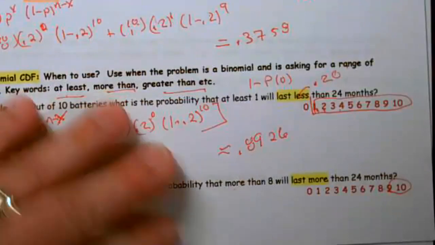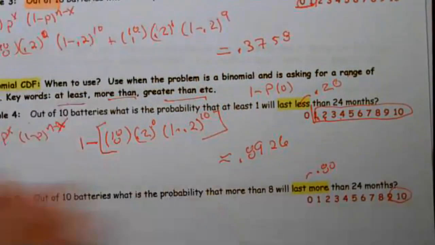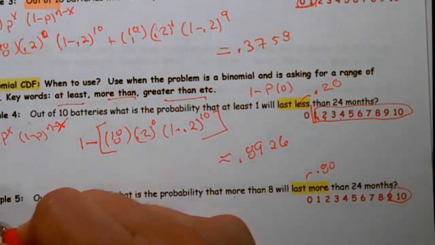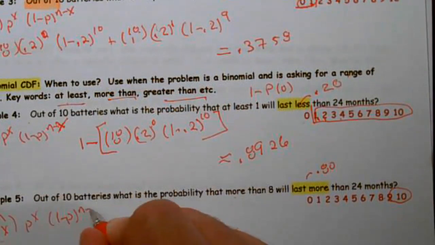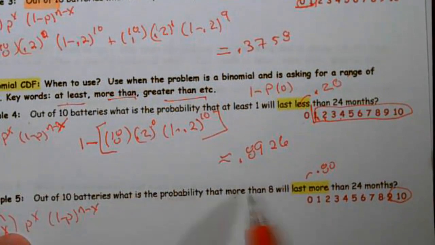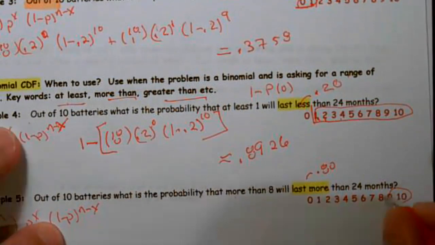So this means right here, I'm working with the 80% value because it was the more than. Once again, n choose x, p to the x, 1 minus p to the n minus x. And these are the ones that fall into the 1 minus situation.